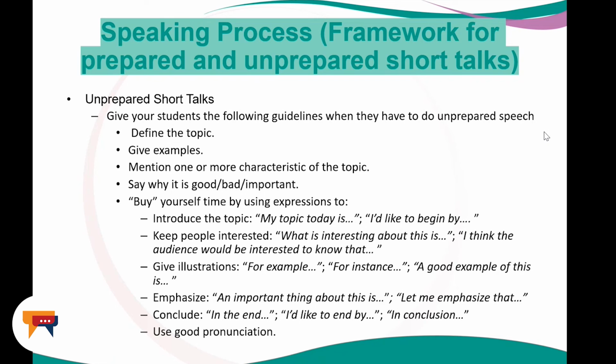So, for example, cars give off fumes that affect the ozone layer, and that's global warming. Okay, and then of course, why it is good, bad, or important. It's obviously important because the earth is becoming a lot hotter than it was before.